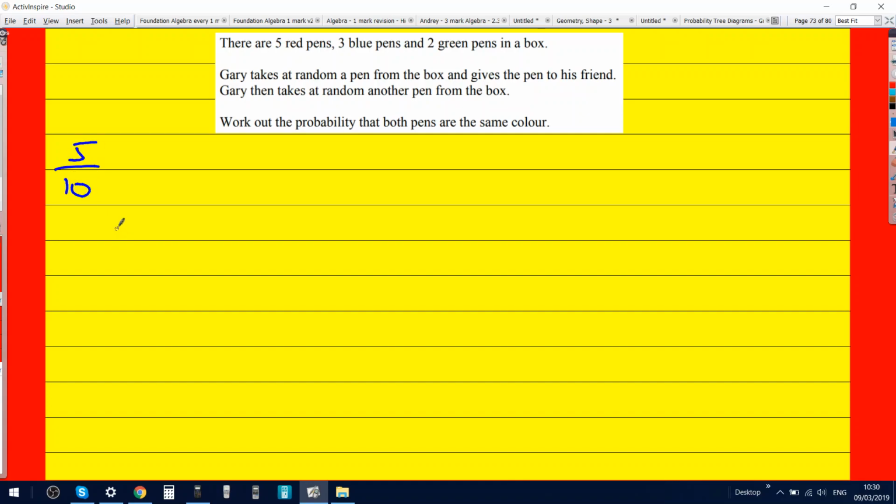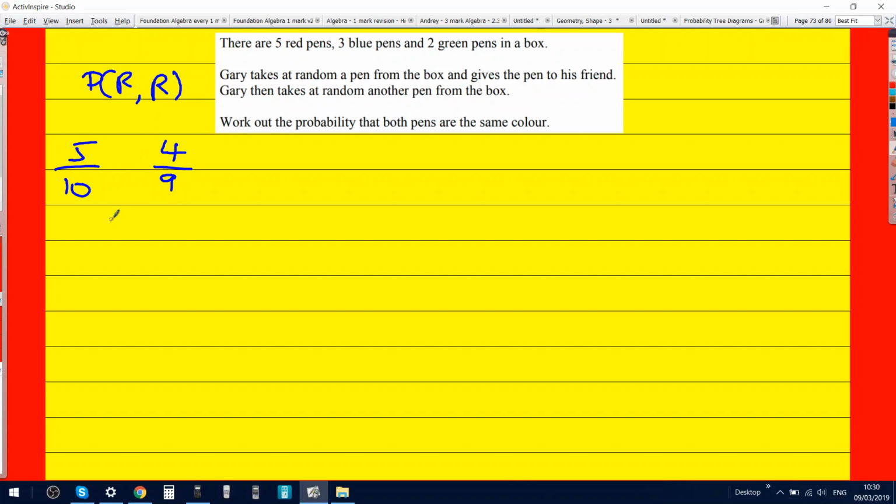And then the probability he takes another red? Would that be 4 over 10? No, 4 over 9. Sorry. Yeah. And so the probability he takes 2 reds? 3 over 8. Just the overall probability he's taken a red and a red.